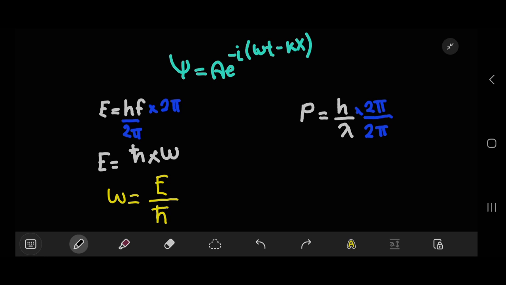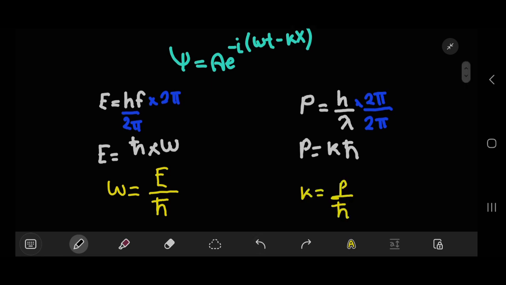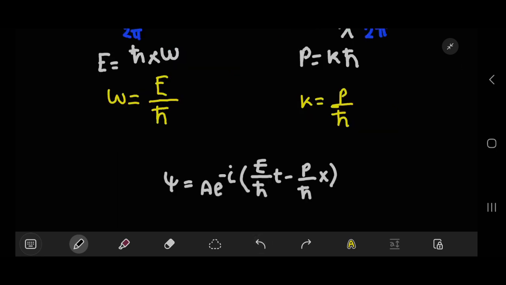Multiply by 2π and divide by 2π, we'll get that p = kħ. k here is the wave number, which is 2π over λ, and h over 2π is ħ, as stated previously. Now we'll get that k = p/ħ.